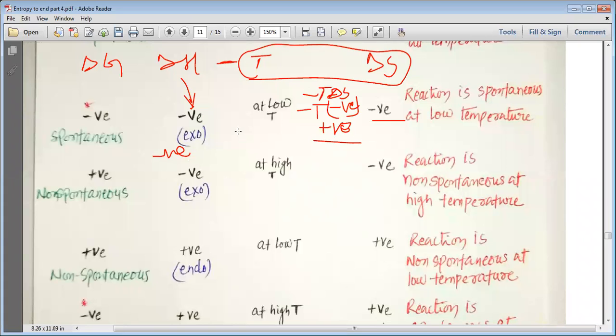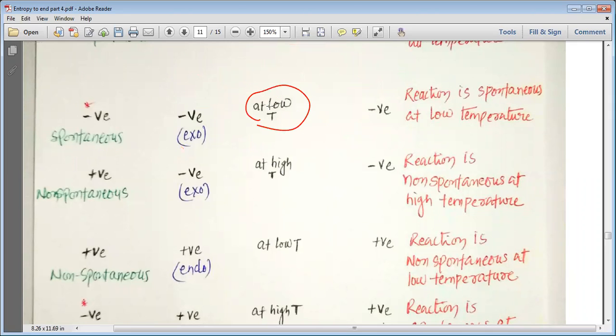Now if this negative is greater than positive, then the reaction is going to be spontaneous. When this negative is going to be greater than positive, that is determined by the value of T. So if T has got a smaller value, when you have the temperature low, please understand, my dear students, in that case the reaction is spontaneous at low temperature.